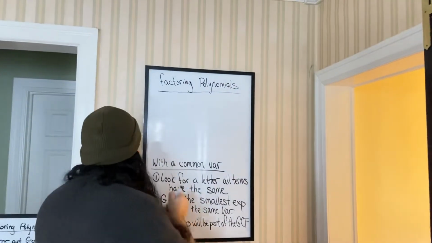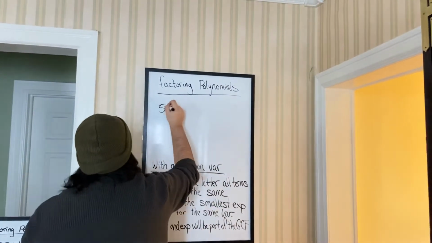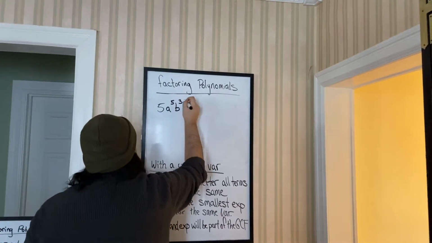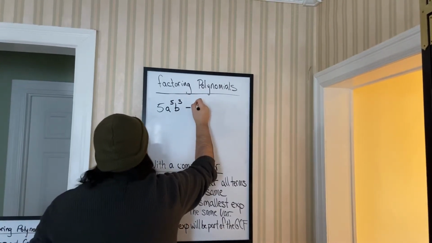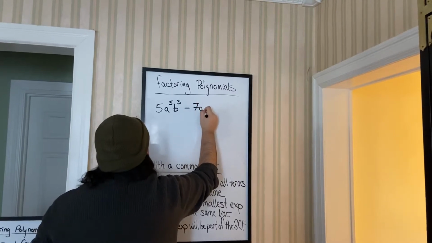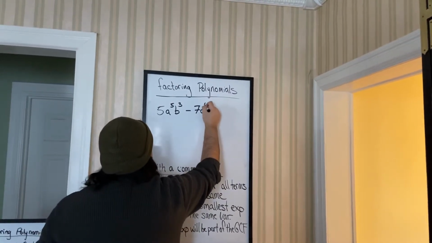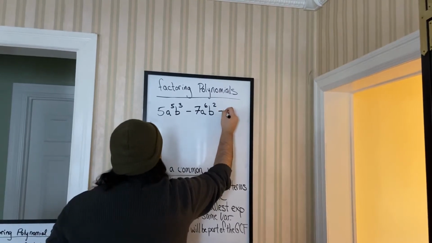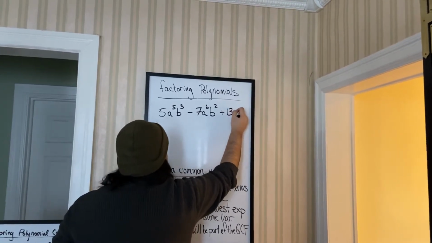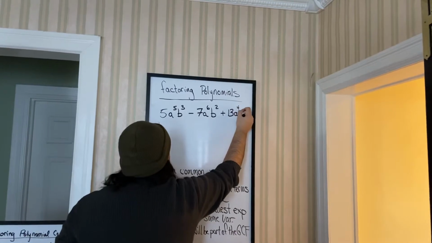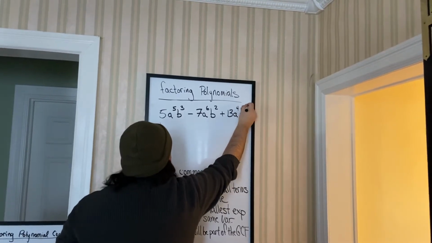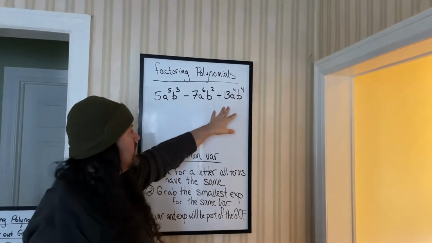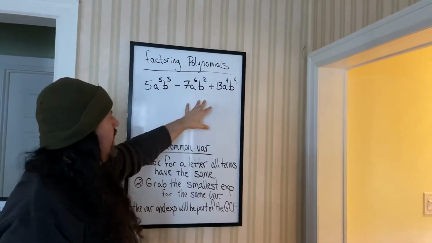Let's do a's and b's. 5a to the 5th, b cubed, minus 7a to the 6th, b squared, and plus 13a to the 4th, b to the 4th. Okay. Very unusual problem that I have up here, but just to demonstrate all the steps.